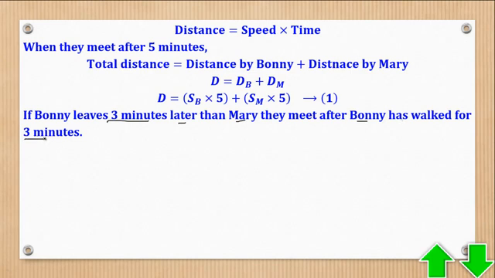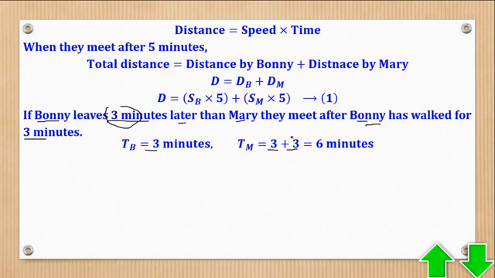So that means that Bonnie will have taken 3 minutes, but Mary will take 3 plus 3. Because if Mary first moved for 3 minutes before Bonnie started moving, then when Bonnie started moving, the total time which was spent was 3 minutes. So the total time for Mary will be 3 plus 3. It is a little tricky, but if you internalize it, you realize it.